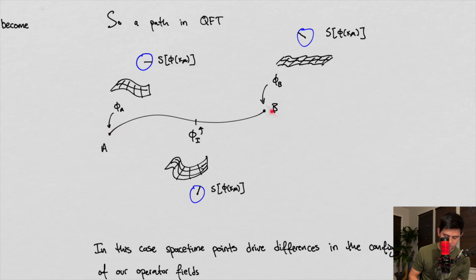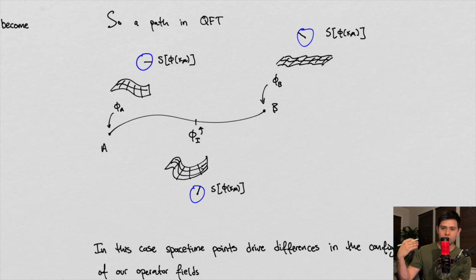So at every space-time point, we have some configuration of a field, which is going to be acting on the vacuum state to give us numbers of particles at that particular point. And as time evolves, our field also evolves, and as our field evolves, our action is also going to evolve. So these things are driving each other.